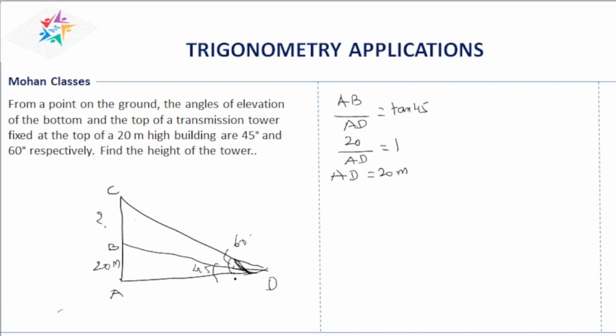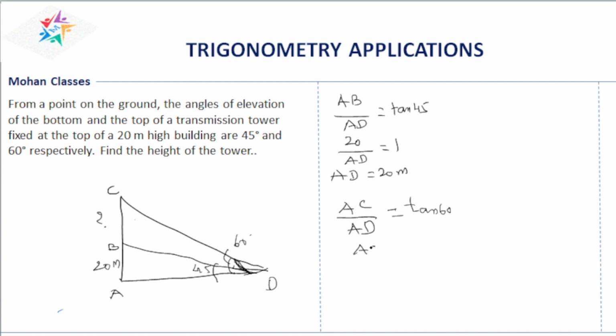Now, in triangle ACD, it is 60 degree. You know AD. Now, it is easy to find out AC. Now, AC by AD. What is AC by AD? This angle is 60, right? That is equal to tan 60. AD we have already found as 20 meter, right?